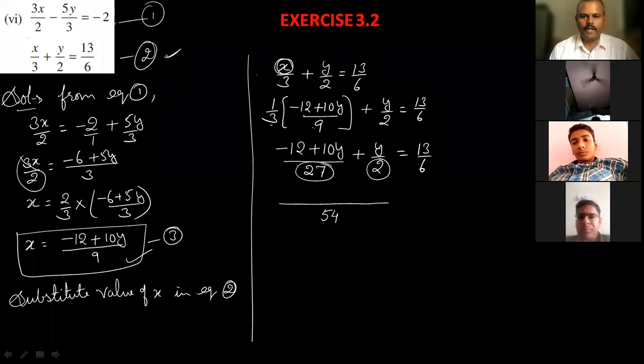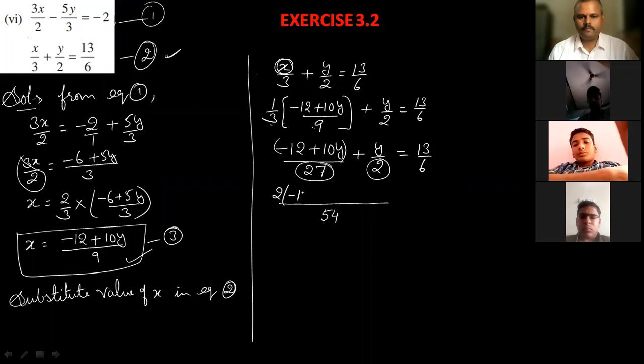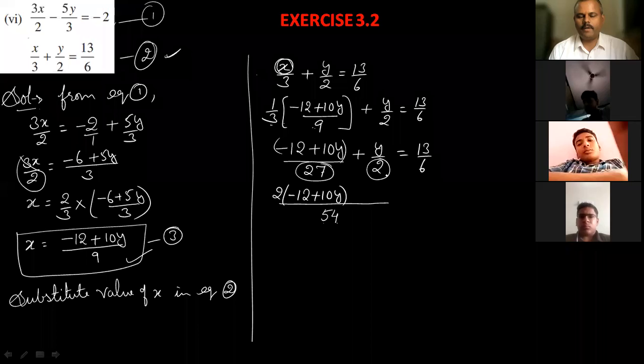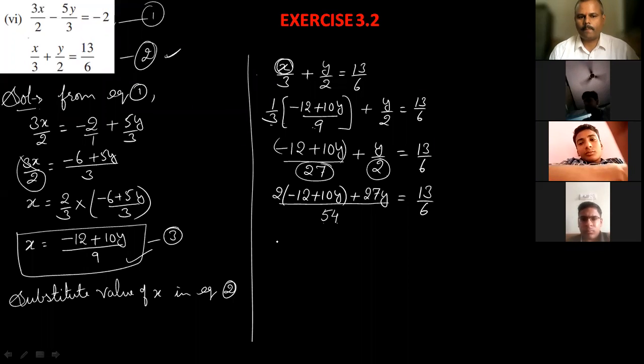Then 54 divided by 27 is 2, so 2 will be multiplied with (minus 12 plus 10y). And 54 when divided by 2 is 27, so 27 is to be multiplied with y. It gives you 13 upon 6.